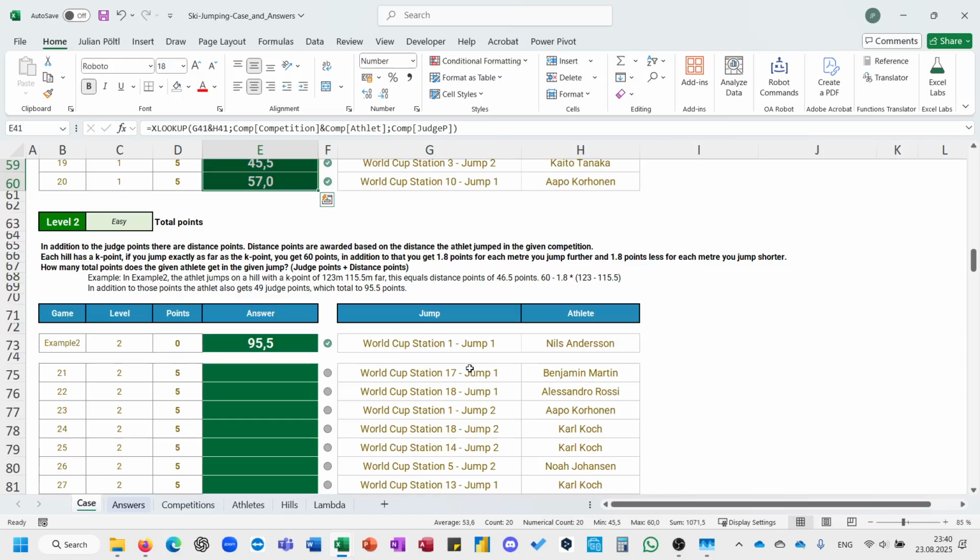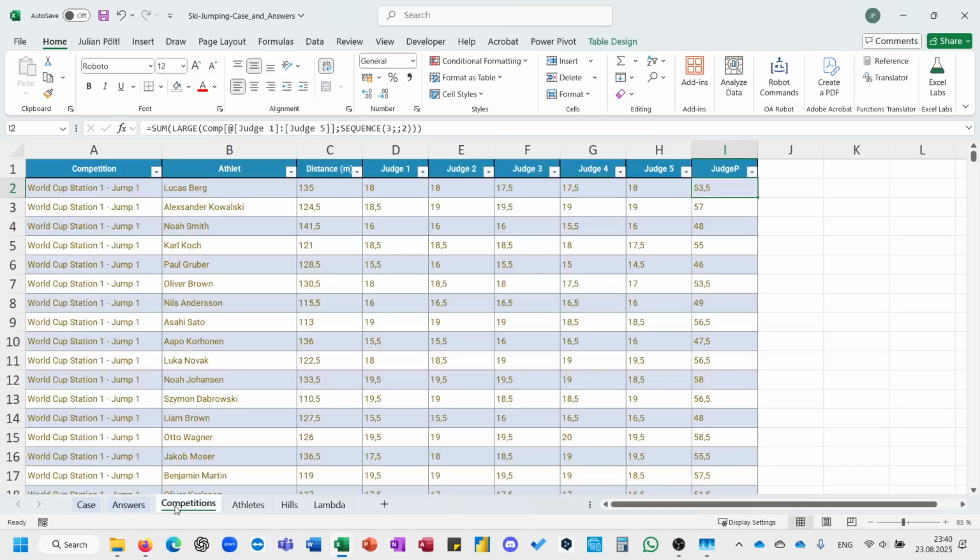And next one, we also get distance points. Distance is the pay point, where you get 60 points, and for every meter you jump further or less, you get 1.8 points deducted.